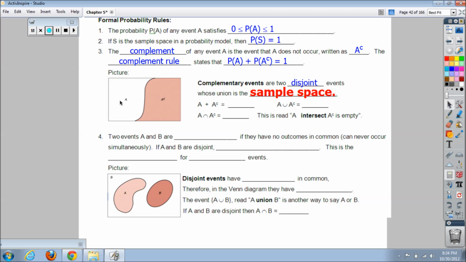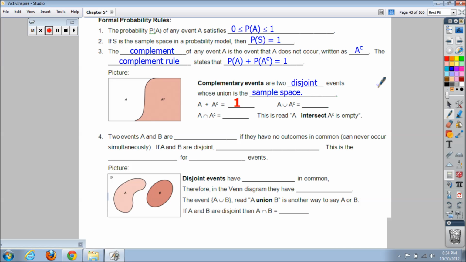Everything that falls outside of A is A complement. So when you look at both of these things grouped together, it makes up your entire sample space. The probability of anything happening within this rectangle is 100%. It's either going to land in A or it's not going to land in A, an A complement. So if we had A plus A complement, up here I said that is 1 or 100%.